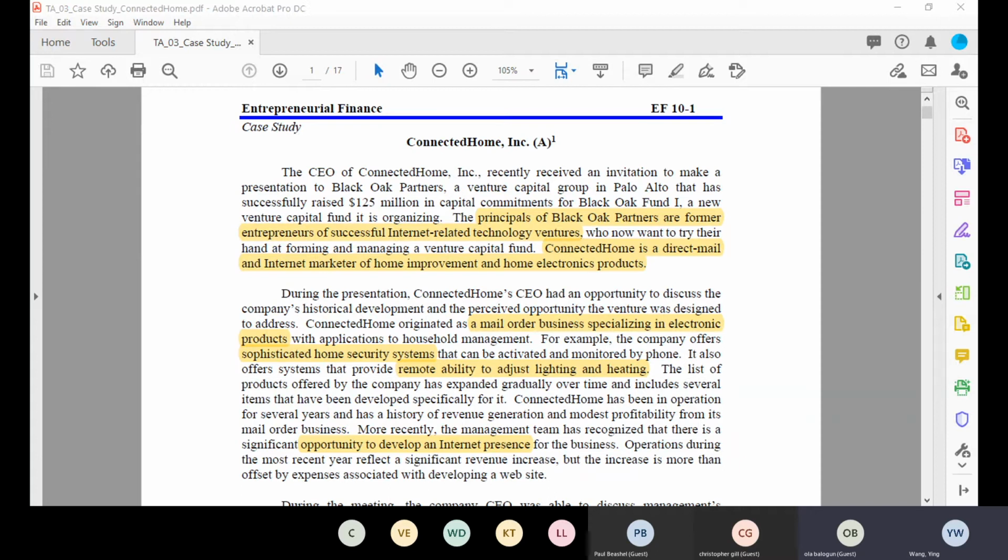If you don't have it with you, you can look at my shared screen as well. So this is the case study that I shared with you yesterday.